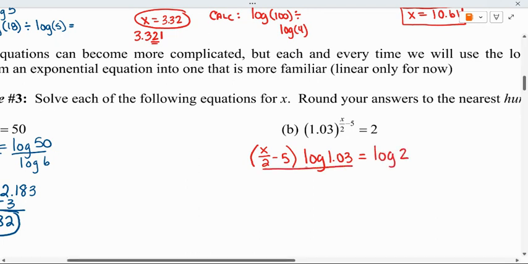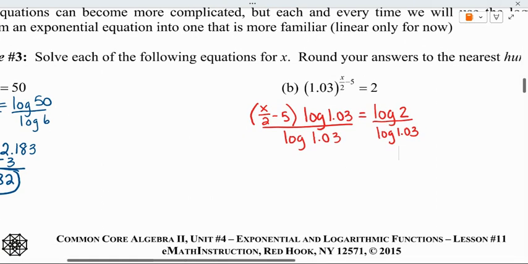So I'm dividing both sides by log of 1.03. And when I do that, I get 1/2 x minus 5 equals, give me 3 decimals on this. What is log 2 divided by log 1.03?